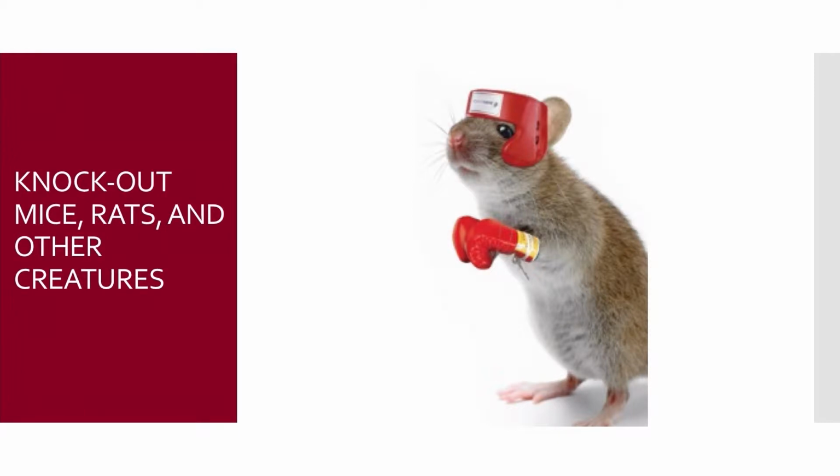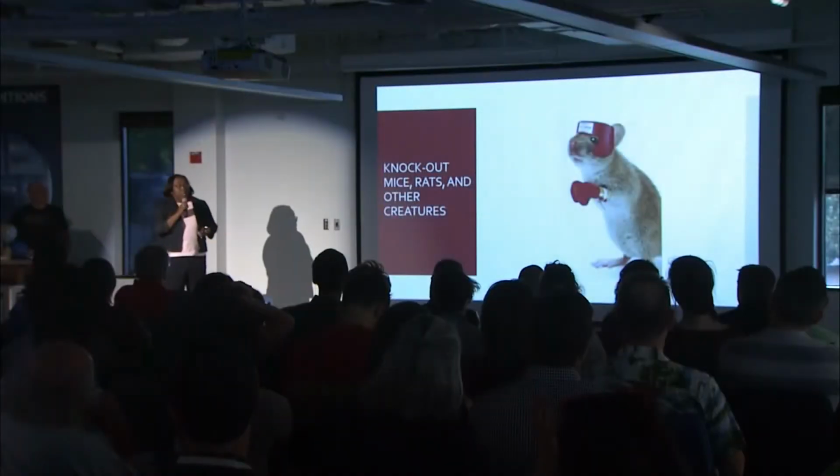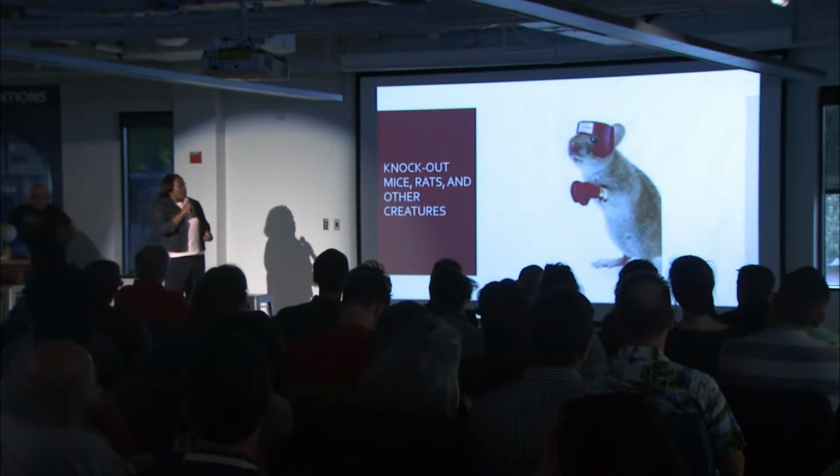So what researchers have done is create what we call knockout mice. We create mice that have the genetic mutations, the physiological differences that we suspect play a role in autism spectrum disorder and other developmental disorders.